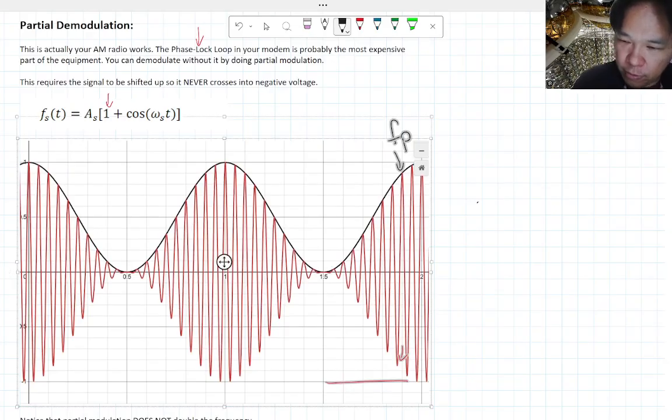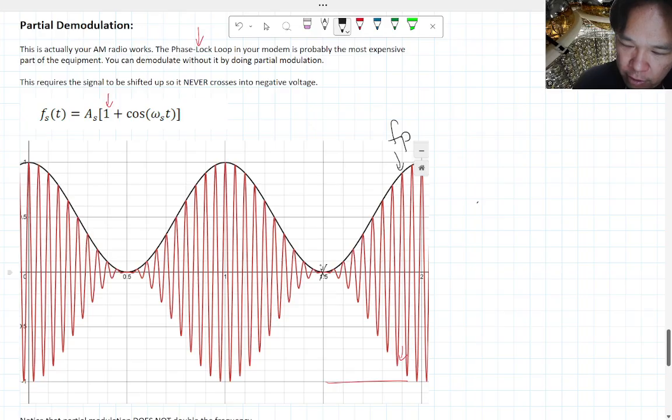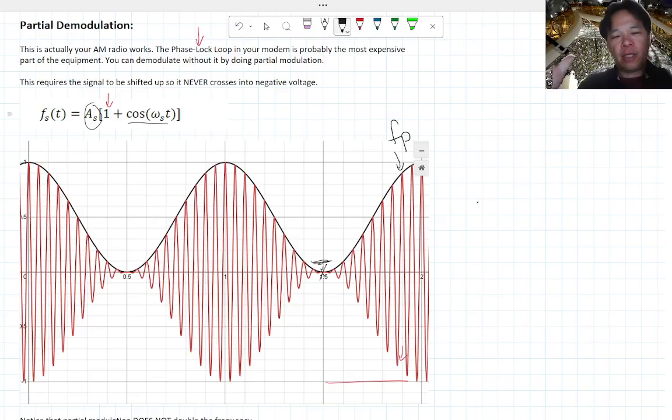In fact, a lot of times what you want to do is stay away from 0, maybe a tenth of a volt above 0, so you're never close to it. The rest works kind of the same. So the amplitude is going to be AS, and then you just have this one amplitude shift above for your cosine wave, so that it never crosses 0.